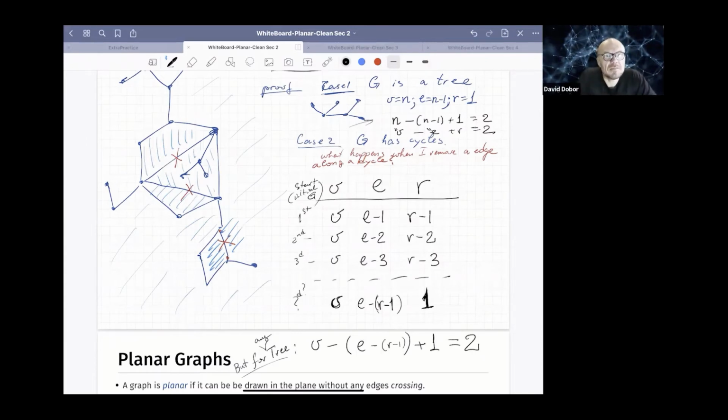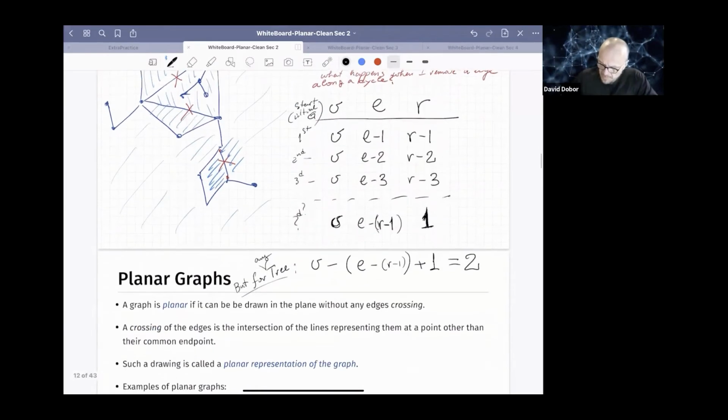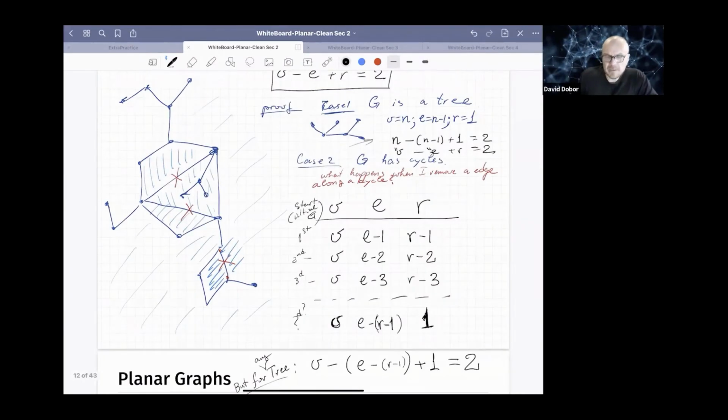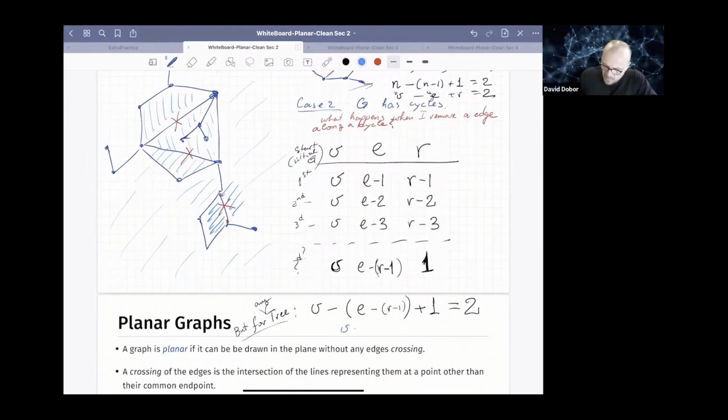For any tree. People agree? We just showed it here, right? This is V minus E minus (R minus 1) plus 1 equals 2, right?